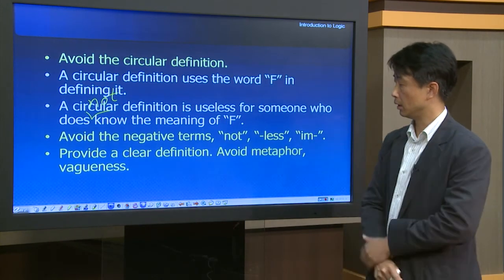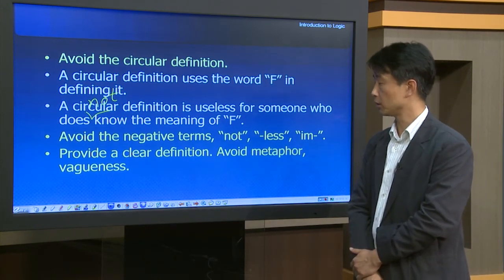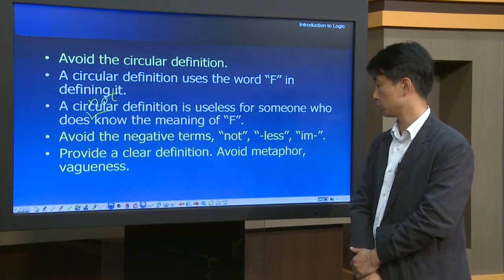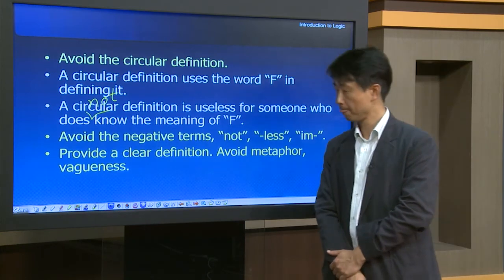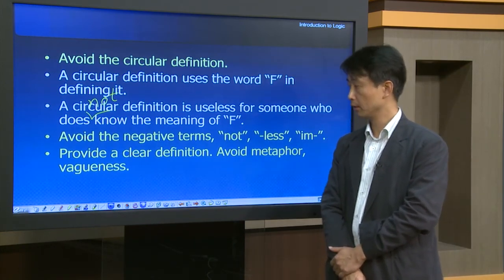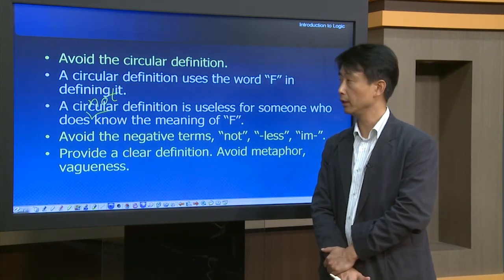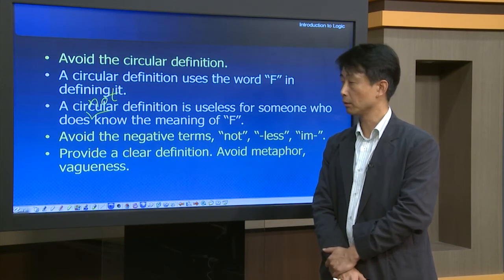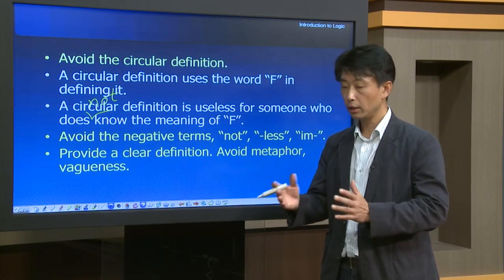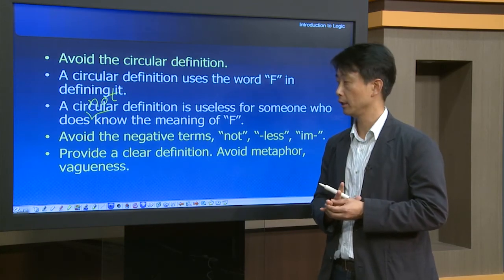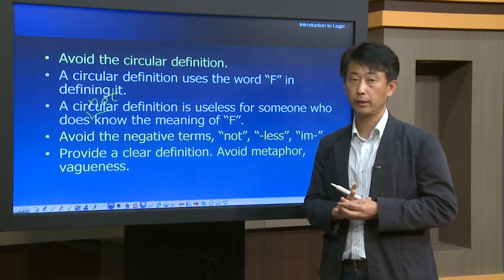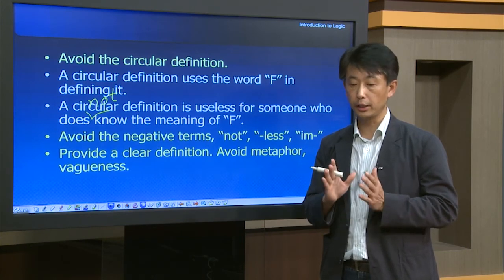Finally, the last rule of good definition is provide a clear definition, avoid metaphor and vagueness. As I said, the first three rules are the most important, but you will see a lot more detailed explanation and many examples in the book.